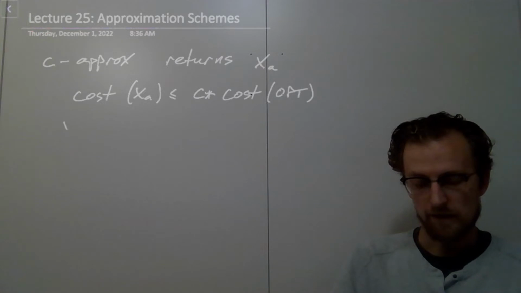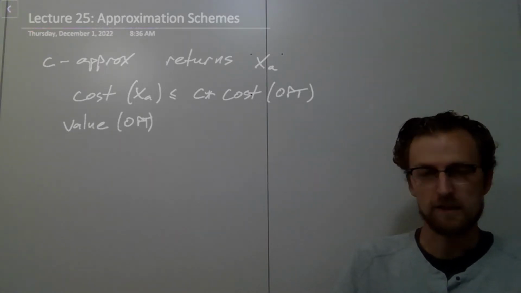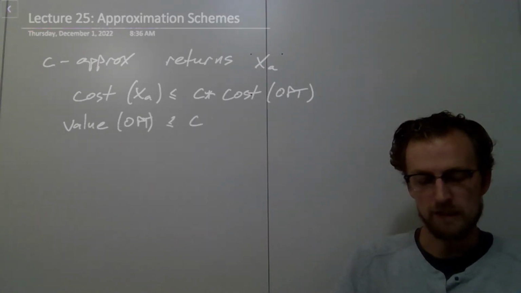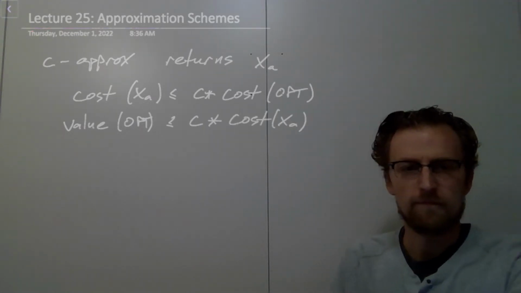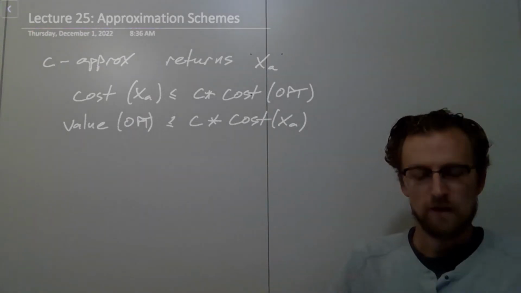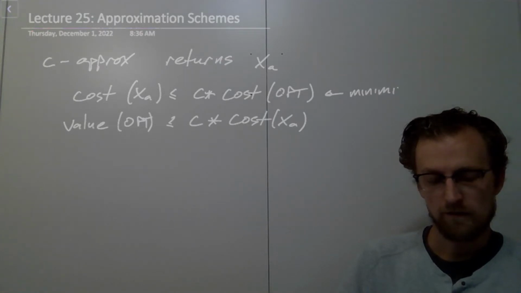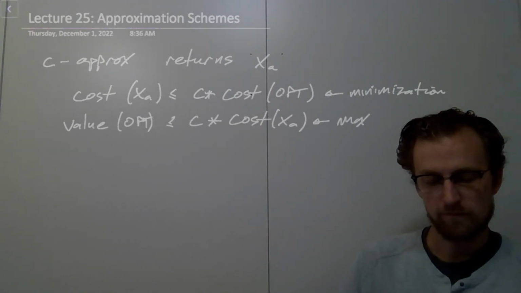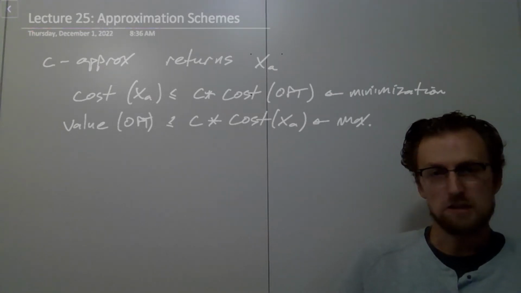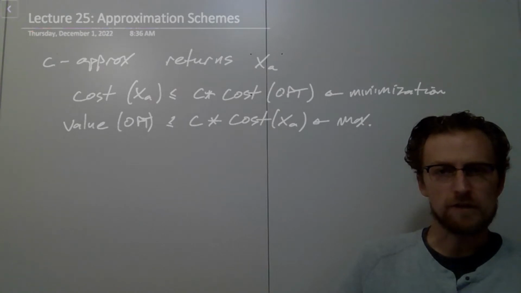Or alternatively, the value of an optimal solution, this is in a maximization problem, is less than or equal to C times the cost of XA. Right, so the top one here is for minimization problems, and the bottom one here is for maximization. Okay, and so this is good. It's a good thing to have a C approximation algorithm, a constant factor approximation algorithm.